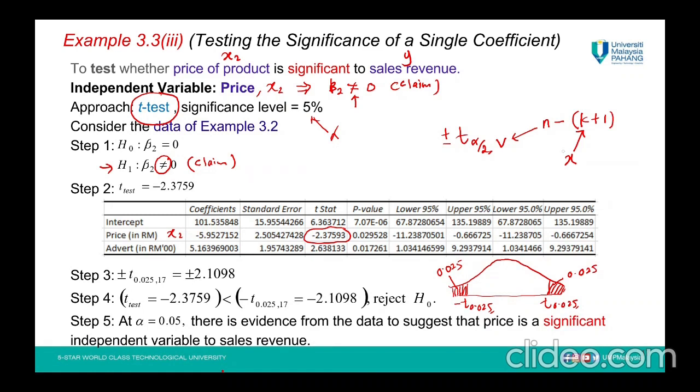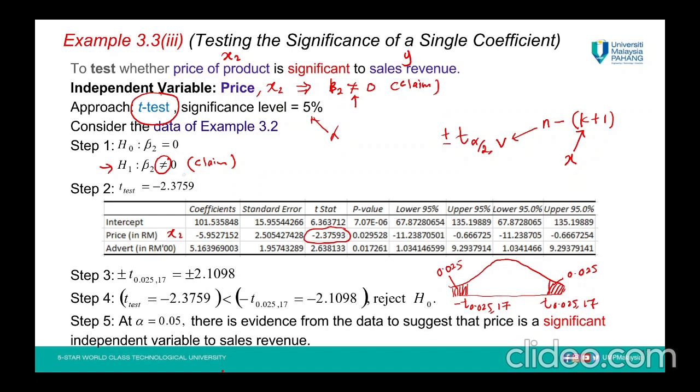For this example, n is equal to 20 and k is 2. So n minus 3, we get the degrees of freedom equal to 17. By using the statistical table, the critical value is 2.1098.